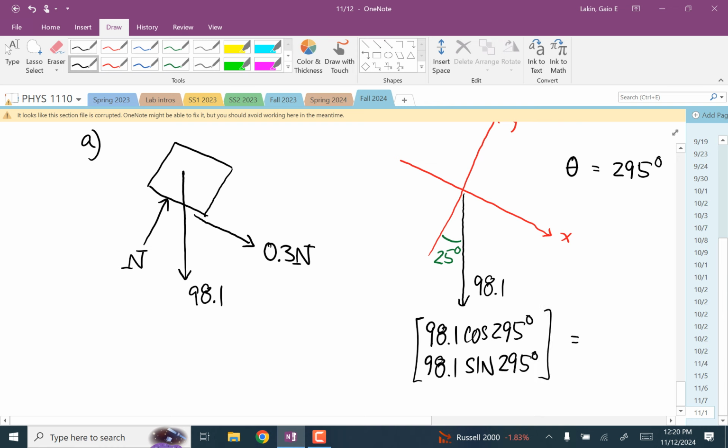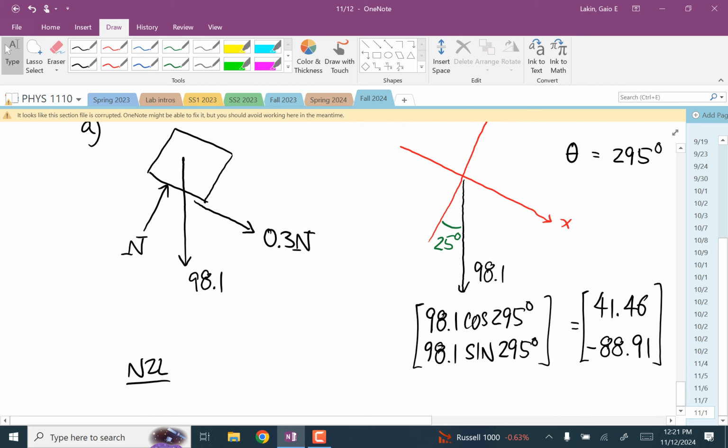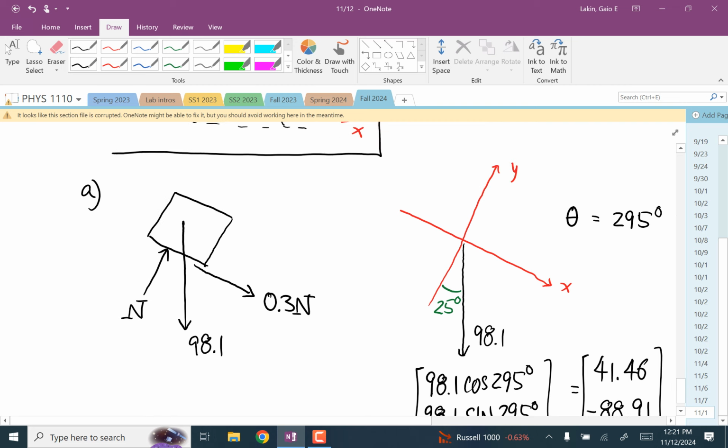Okay, so now we can go to Newton's second law. This is the weight force. So one mistake that I see a lot is people put something like this in, but then they'll also put in 0, negative 98.1. That 0, negative 98.1 would be the weight force if we weren't using a rotated coordinate system.